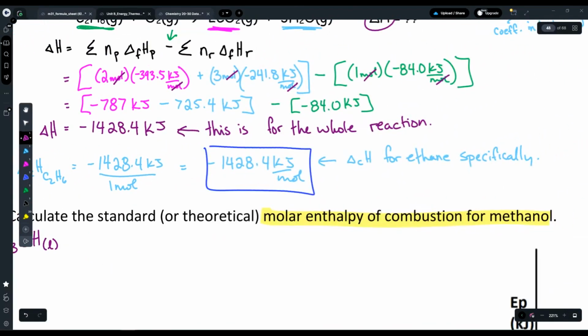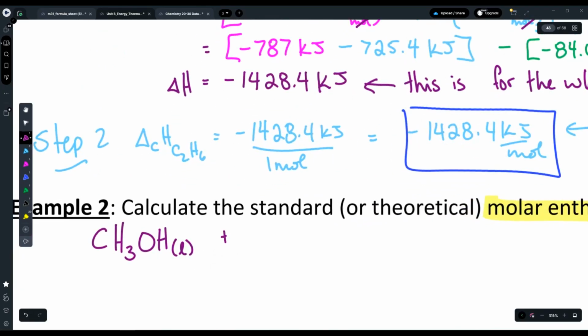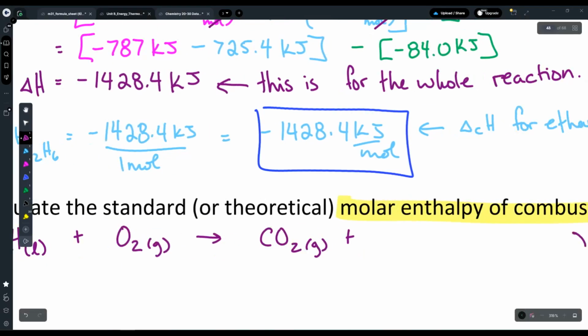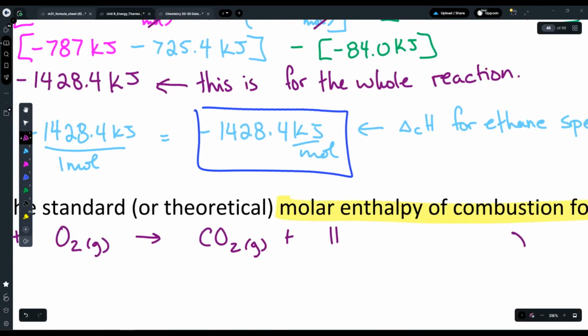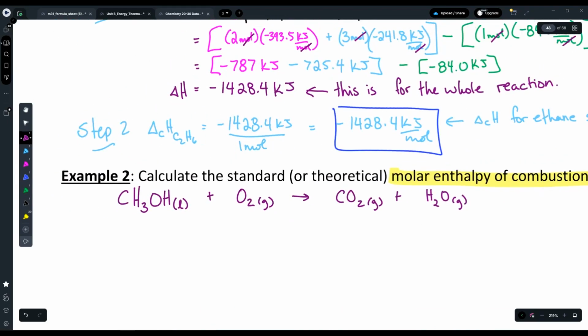Okay, now since it's a combustion reaction, that tells me that we're going to take our fuel, methanol, react it with oxygen, and we're going to get carbon dioxide and water vapor. Okay, and now we have to balance.